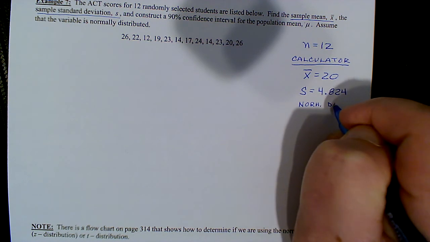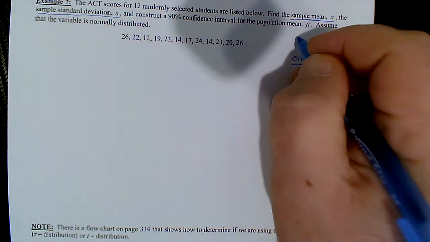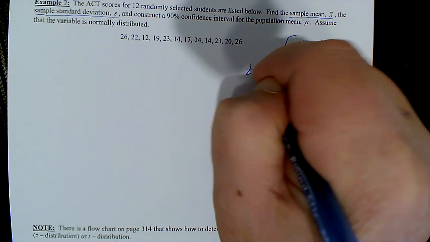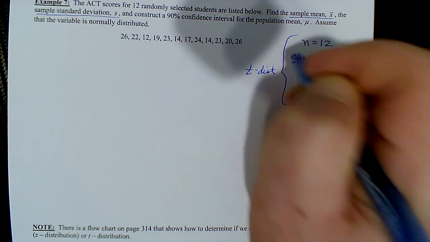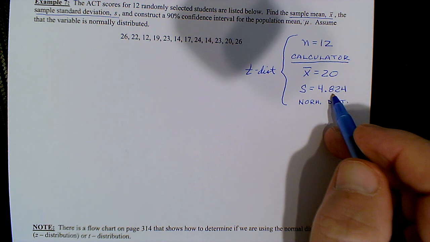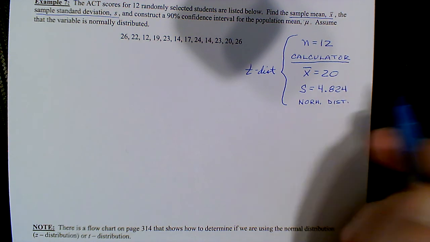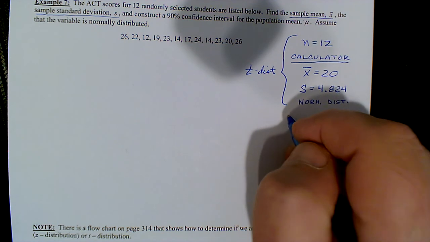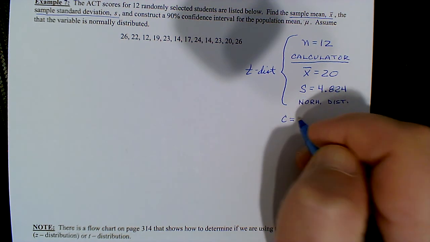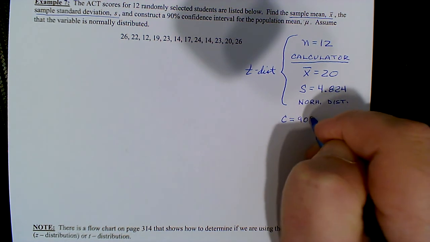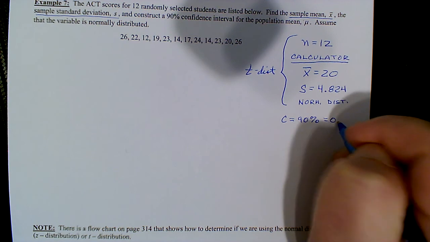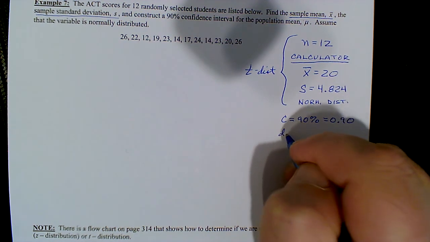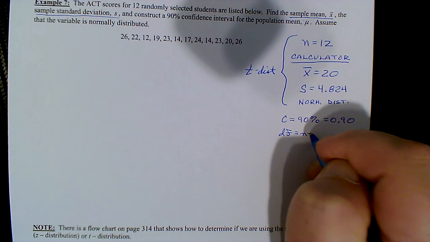Alright, so the confidence level was 90%, or 0.90. Degrees of freedom, n minus 1, 12 minus 1, or 11 in this case. So then we go to table 5, and we find that T sub C is 1.796.